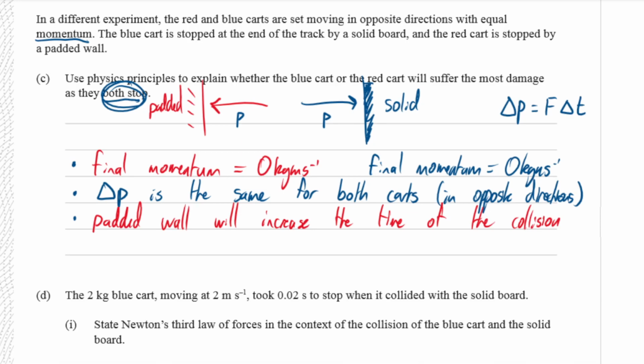The wall will give way, it'll absorb more energy, so it'll increase the time of the collision. Resulting in less force and therefore less damage.